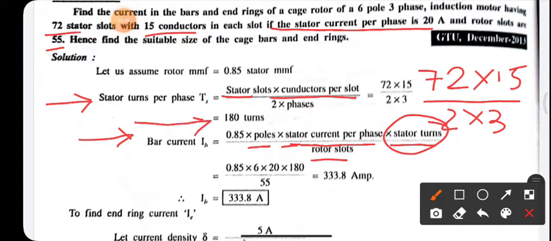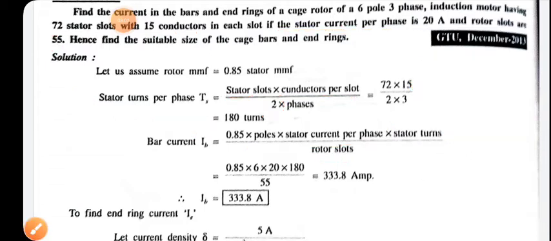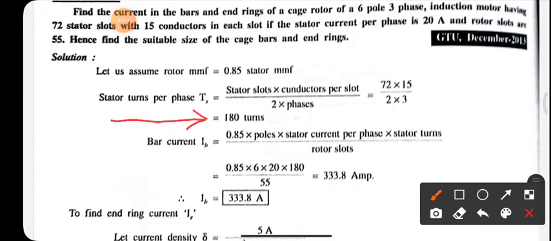Now why are we dividing by 2? Because what we get is the number of conductors, and each turn has 2 conductors, and we are finding the number of turns. So when we divide the conductors by 2, we get the number of turns. So the number of stator turns per phase is 180 turns.